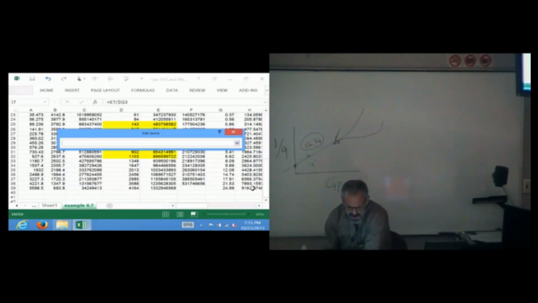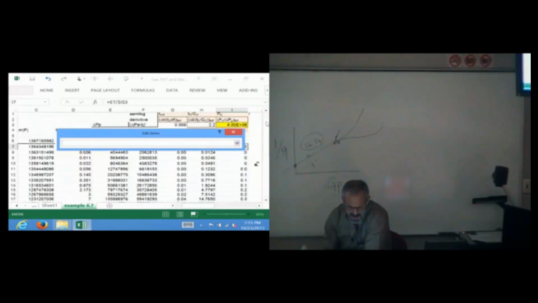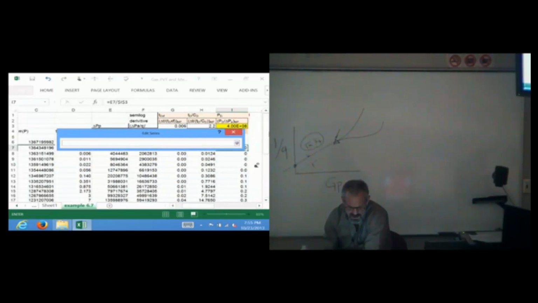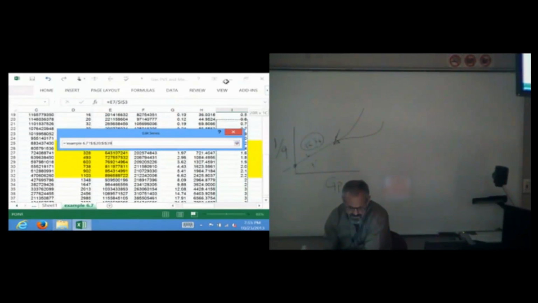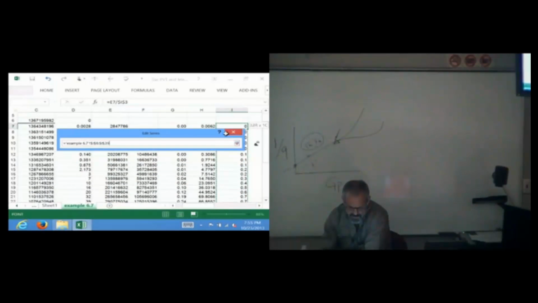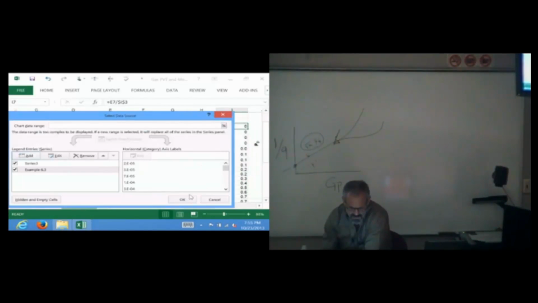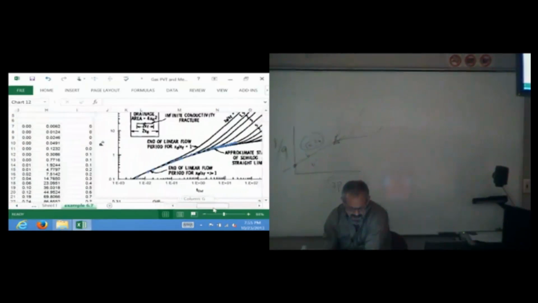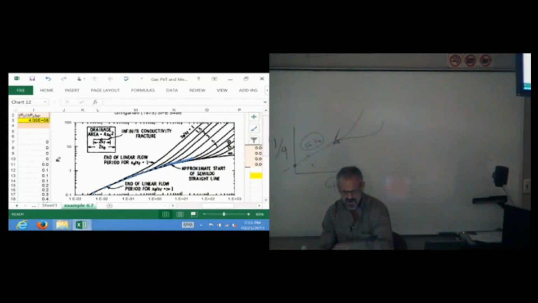And then my P sub D. I can't see which one is P sub D. There it is. It's column I. Okay. And voila. See, it was the same variable, so it should match right on there.